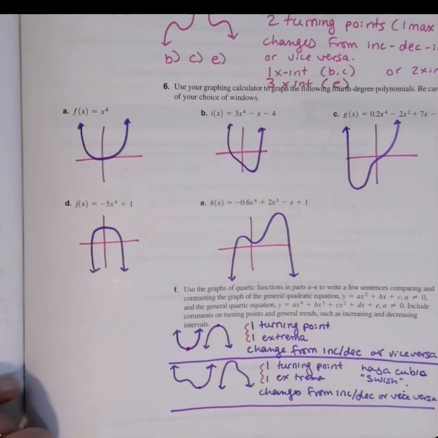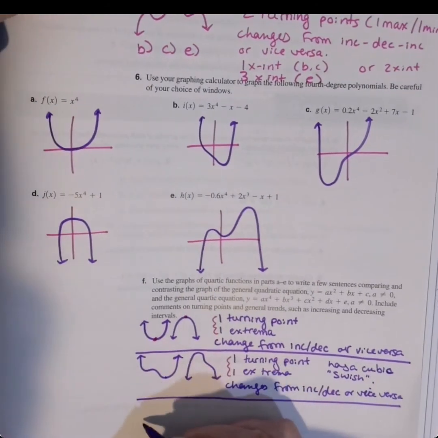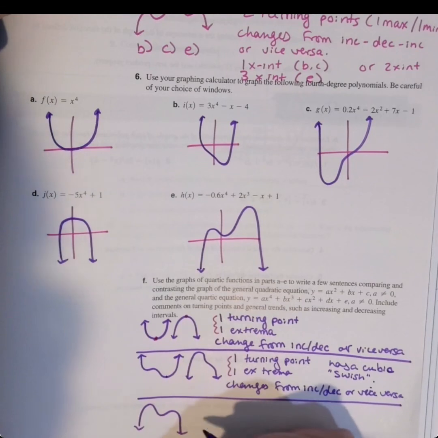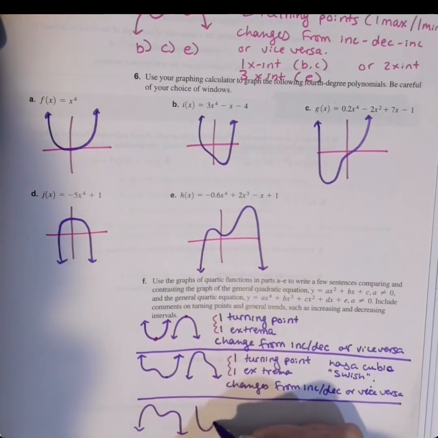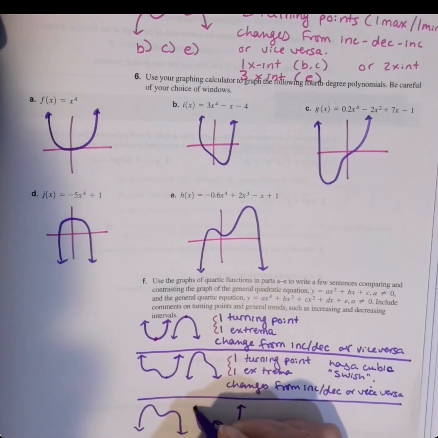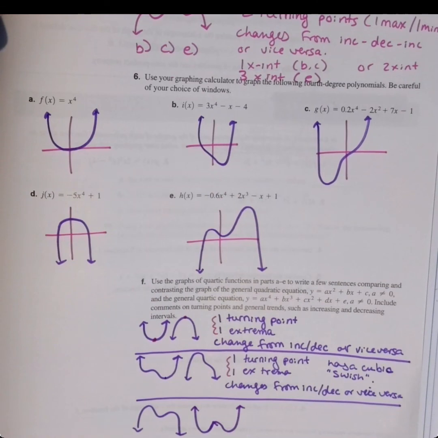And the final type that we saw in part E is often called the W shape. Sometimes they're more symmetric than the one we see. Sometimes one of the bubbles is bigger than the other, but it's kind of a W type shape, even if it's a lopsided W type shape.